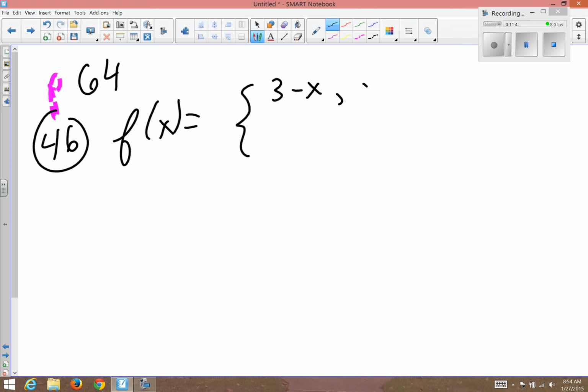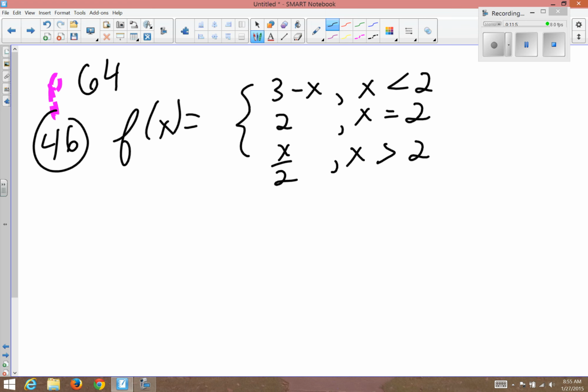That's if x is less than 2. Sometimes f of x is equal to 2. That's if x is 2. F of x equals x divided by 2 if x is greater than 2. There's three pieces. F of x is different things depending on what x is. When I write the comma, I say the word if.